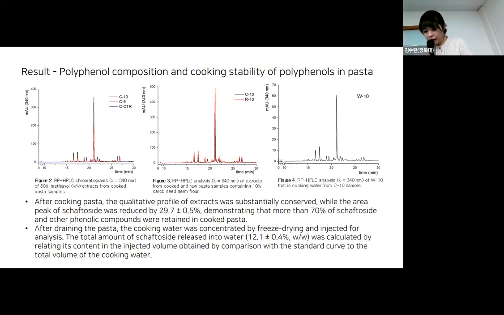And in cooked pasta, a slight relative reduction of the species at higher glycosylation degree was observed, due to their increased water solubility, which corresponded to their slight relative increment in cooking water. Aside from that, the qualitative HPLC profiles of polyphenol extracts from cooked and raw pasta were substantially conserved, indicating that the degree of retention in the pasta was similar for the various polyphenol compounds.